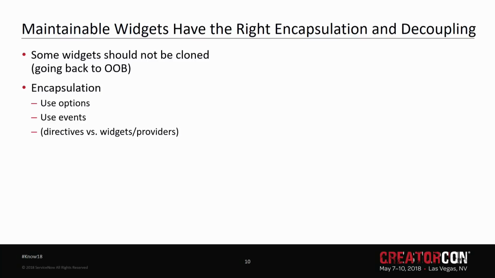Those are encapsulated. They do something and they expose an interface, and so you're just taking advantage of that interface just like the directives provide themselves. So take advantage of encapsulation and make sure that what you're writing isn't leaking its implementation to other widgets.